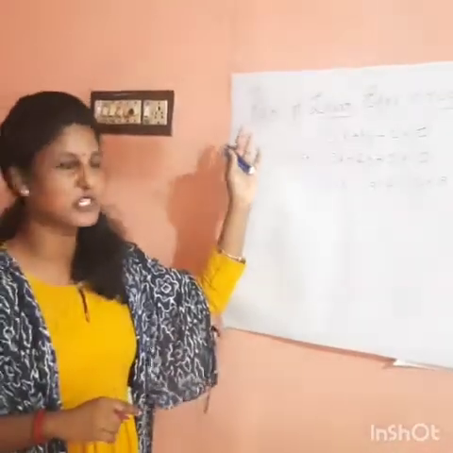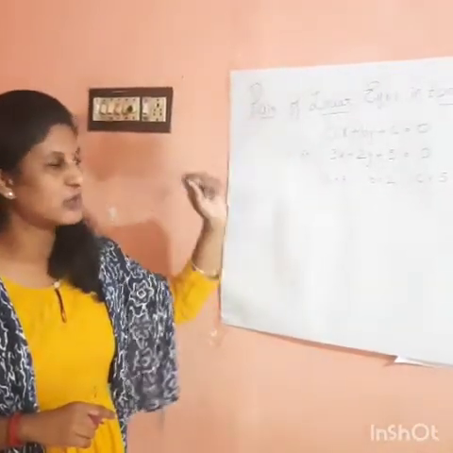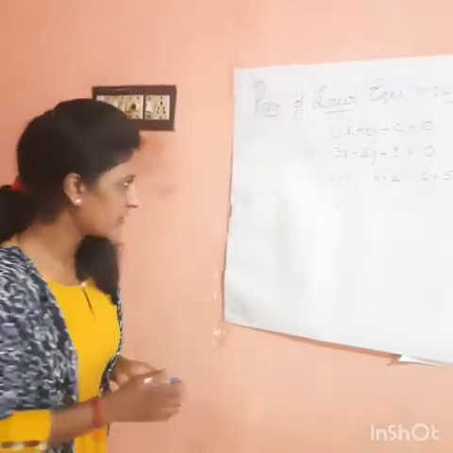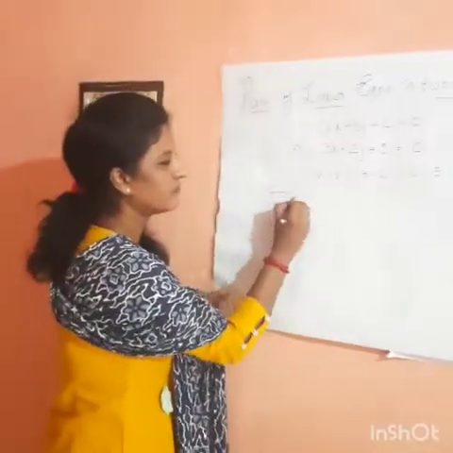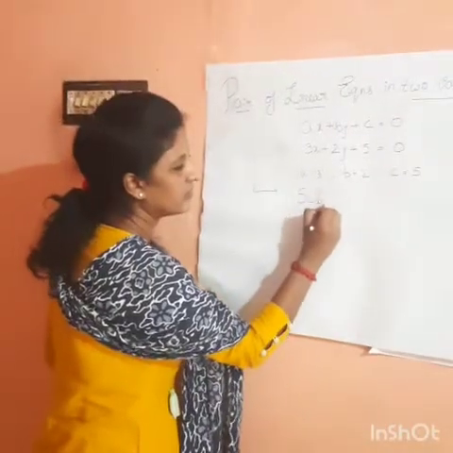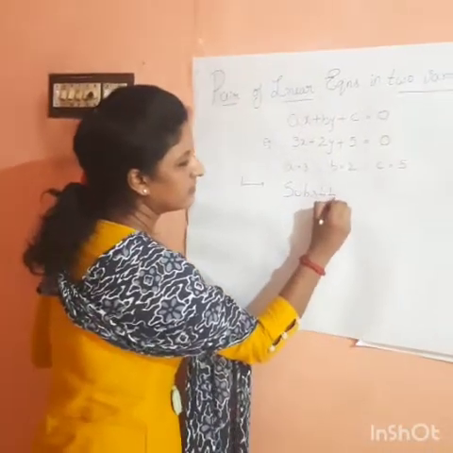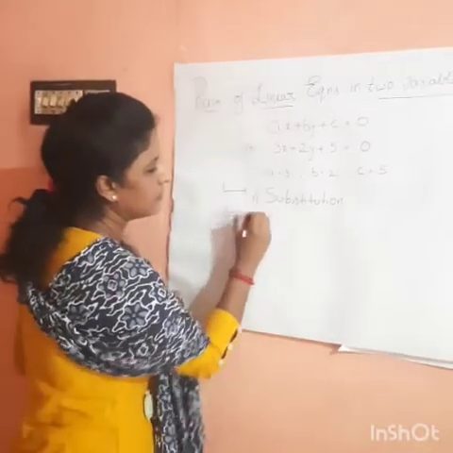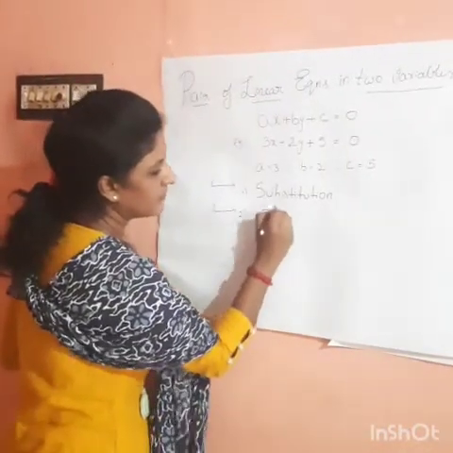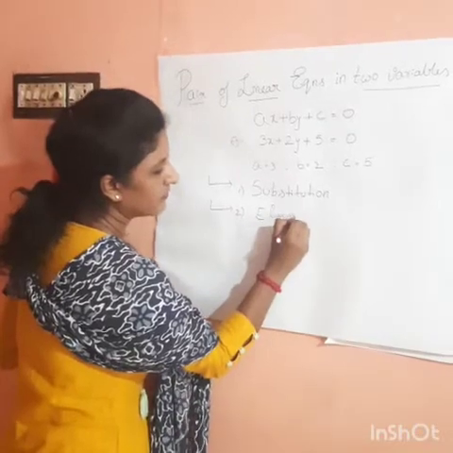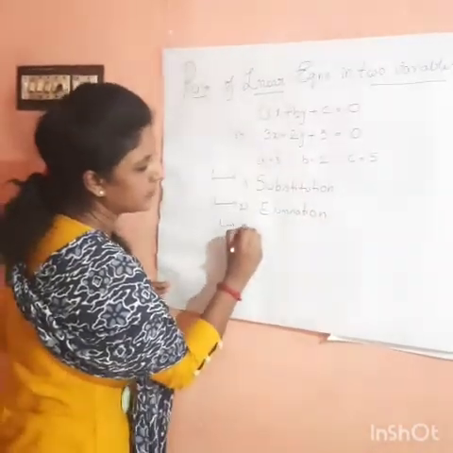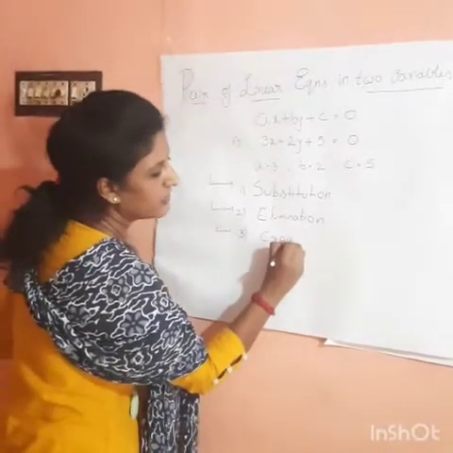Pair of linear equations. Pair means we have to take two equations and solve the problems. There are three methods in this: the substitution method, the elimination method, and the third one is the cross multiplication method.